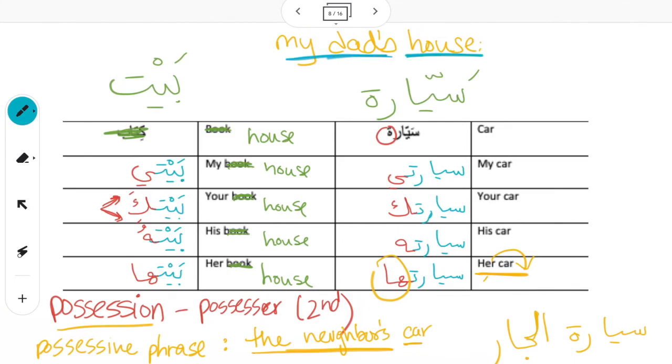And the possessor, the person whose house, that comes second. So we put first bait. And then my dad. Remember, dad is the word ab, and we add the ya to the end to make it my dad. So bait, abi, means my dad's house.